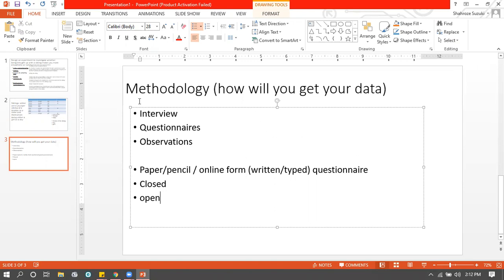Closed being a simple yes or no question, and open-ended would be a descriptive statement. All right, you're right about that. Closed being a simple yes and no, and open meaning you can write whatever you want.